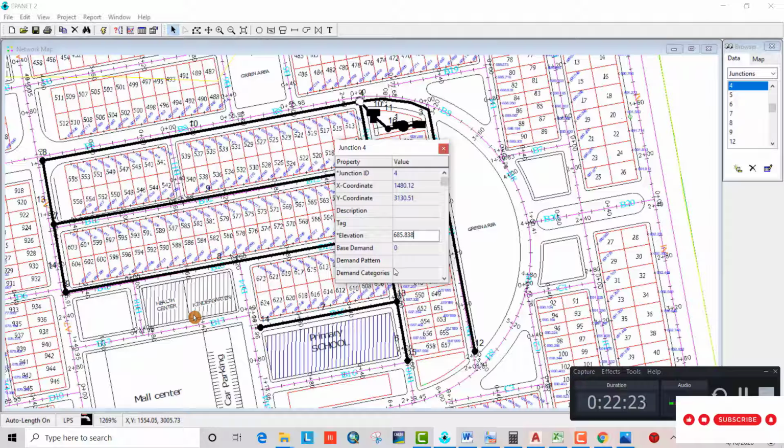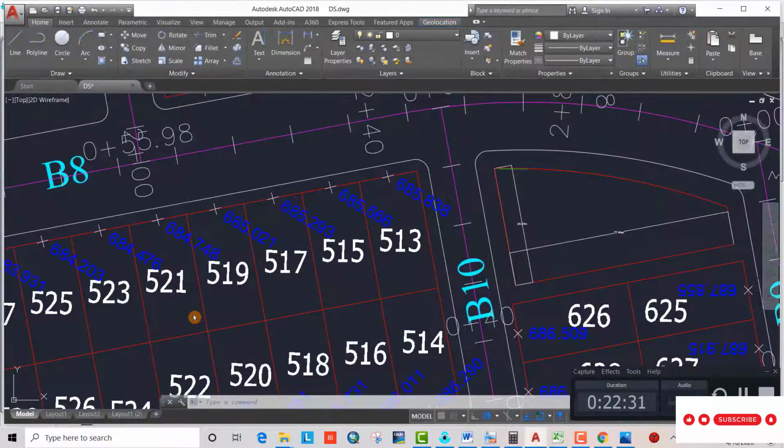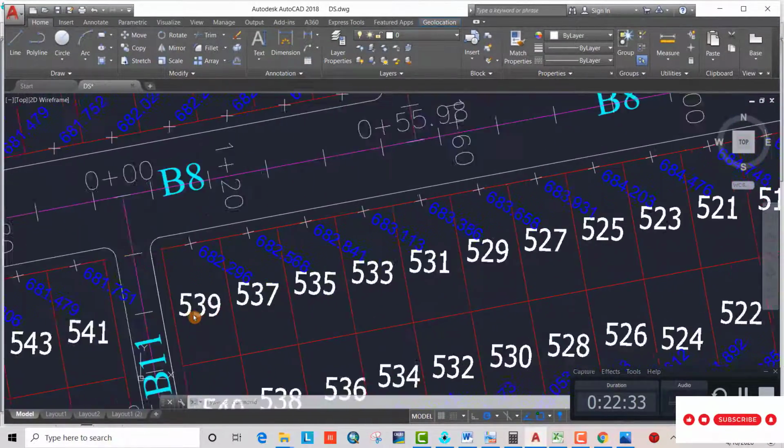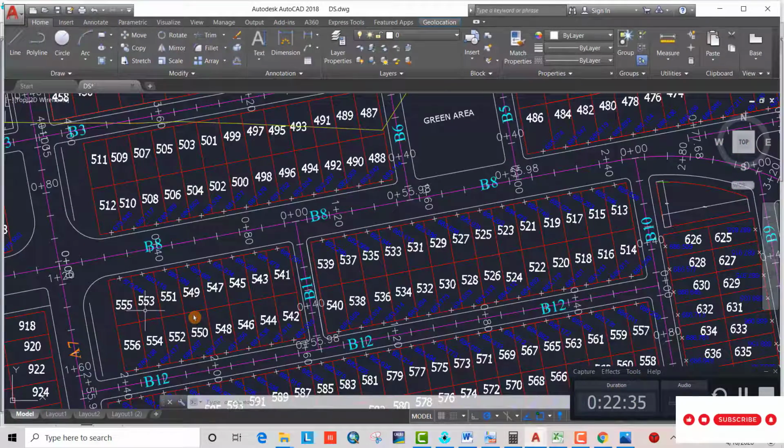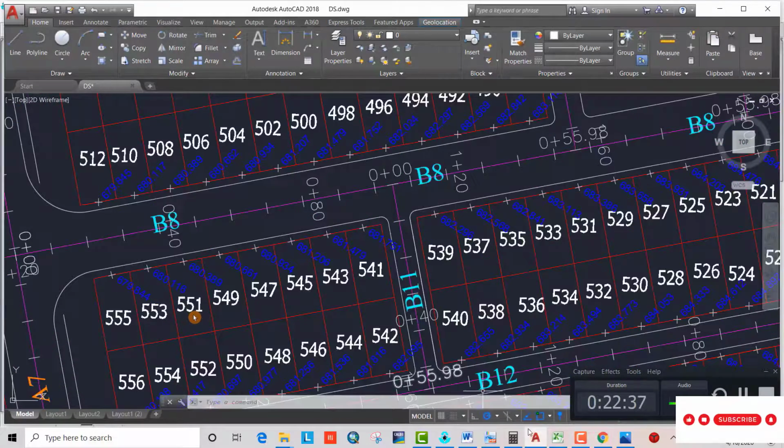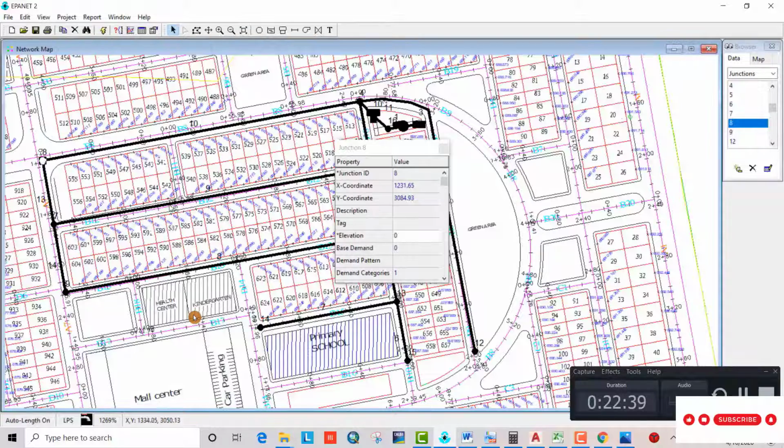We can calculate base demand in different ways. Also we need this node, so we need the elevation for this node. You see, provide node here 679.844. Also you can provide it.